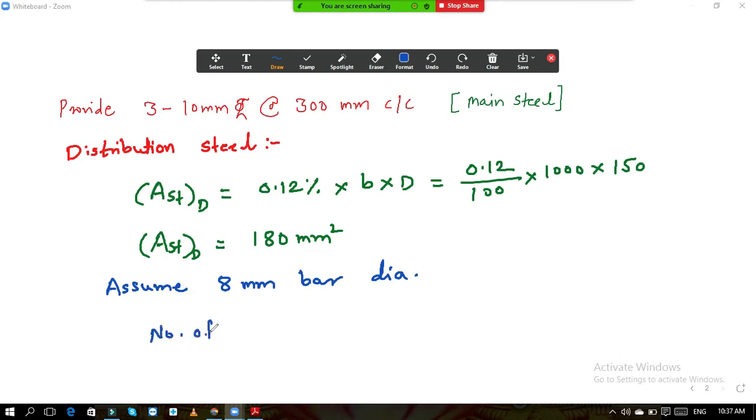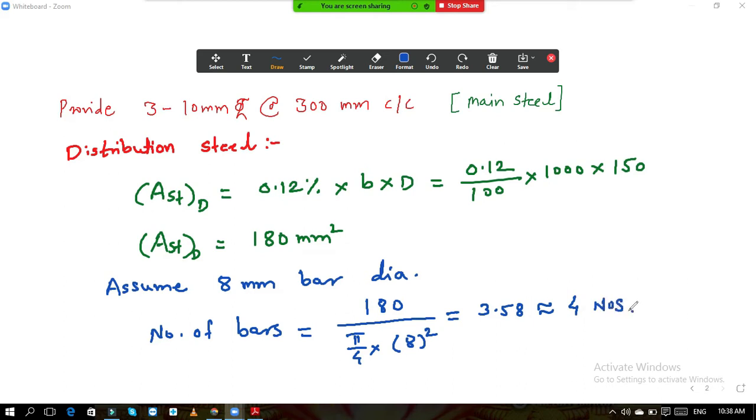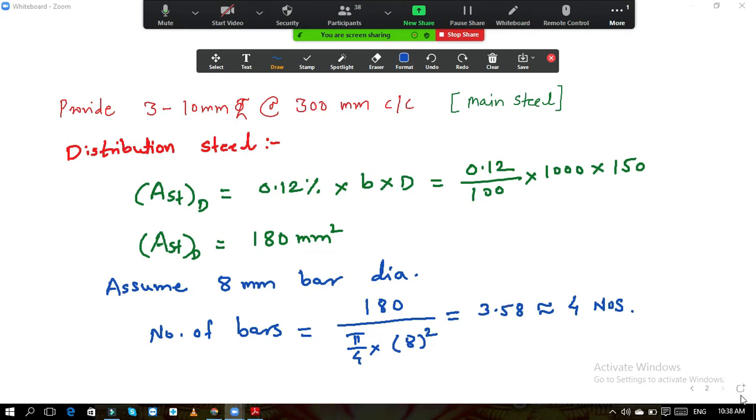Number of bars is equal to Ast D, 180, divided by area of single bar, which is 3.58, which is nearly equal to 4 numbers. Okay, so 4 bars are required.